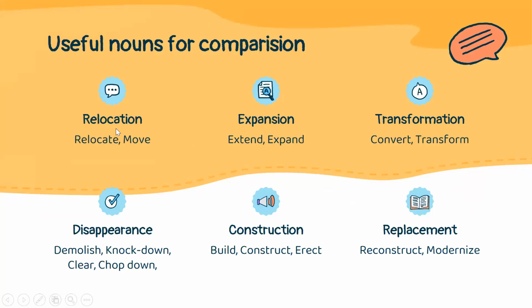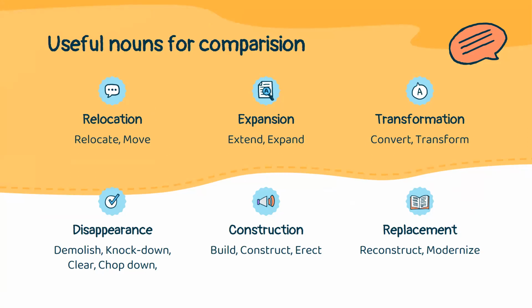For example, relocation, which means that the location of a specific thing has changed. So you could say that overall the most notable change is the relocation of this, or maybe expansion, which means that the area for this has expanded, has extended.